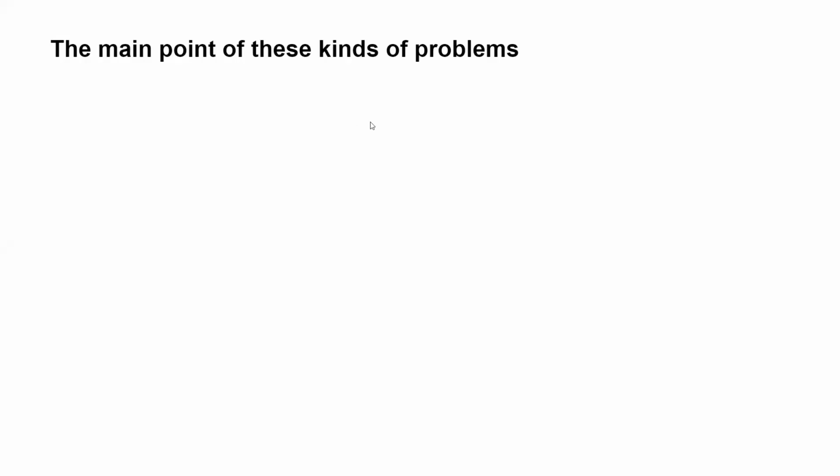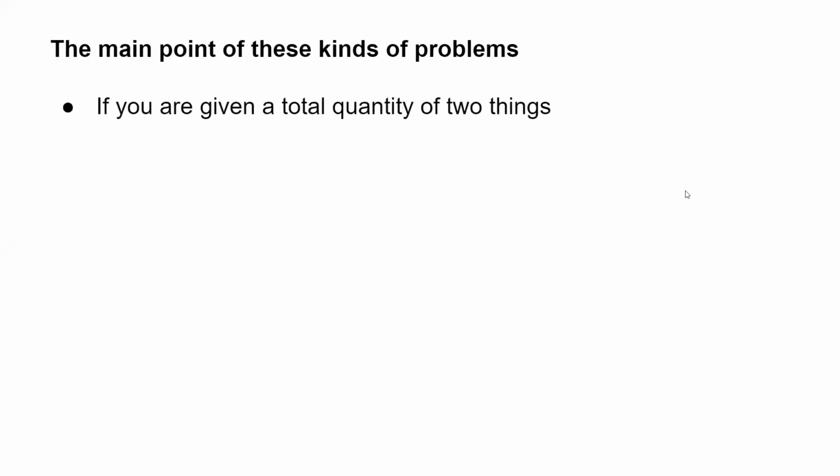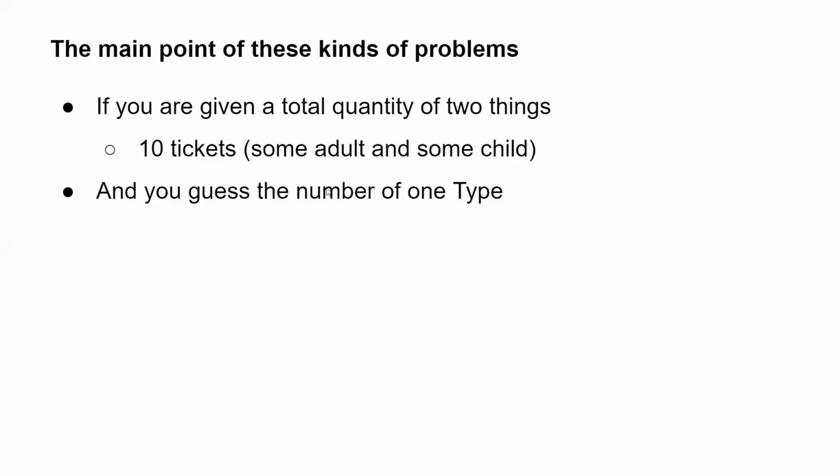The main point of these kinds of problems is that if you are given a total quantity of two things, for instance, 10 tickets, there are a total of 10 tickets, some are adult and some are child, and you guess the number of one type, you can calculate a corresponding number for the other type.